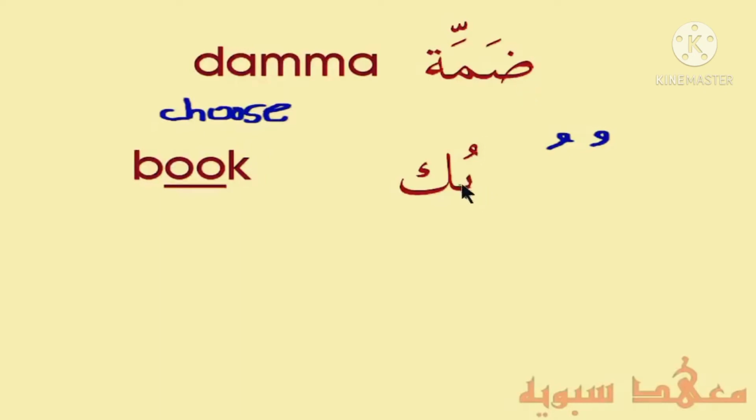We have here the ba with a dhamma, followed by the kaf, which has the k sound. So here it's pronounced as book. This letter alone with the dhamma would be bu. Similarly, we have the word in English put. It's put. So there's a u sound that represents the sound that a dhamma makes.